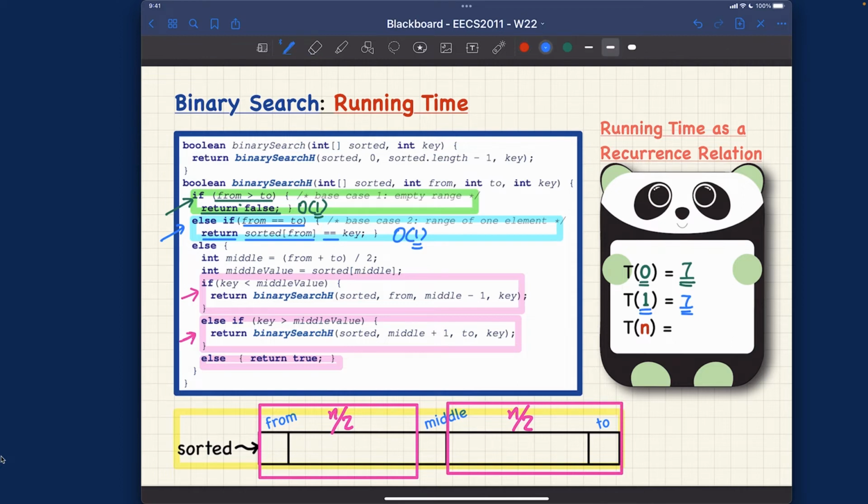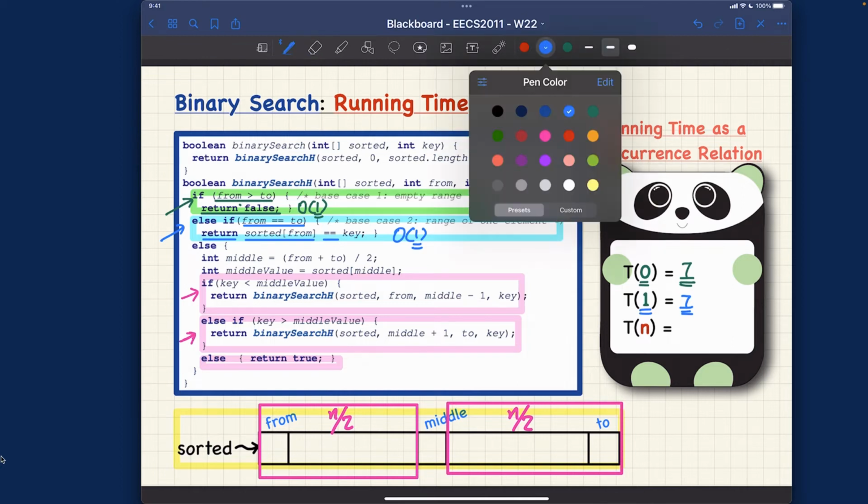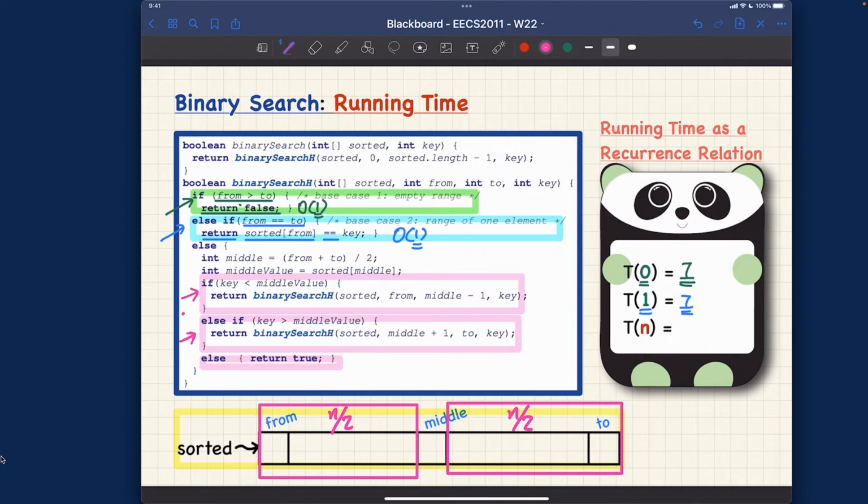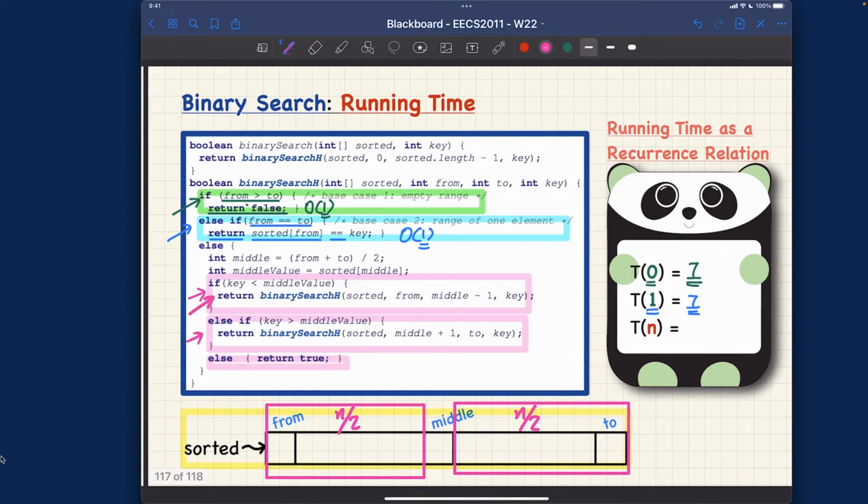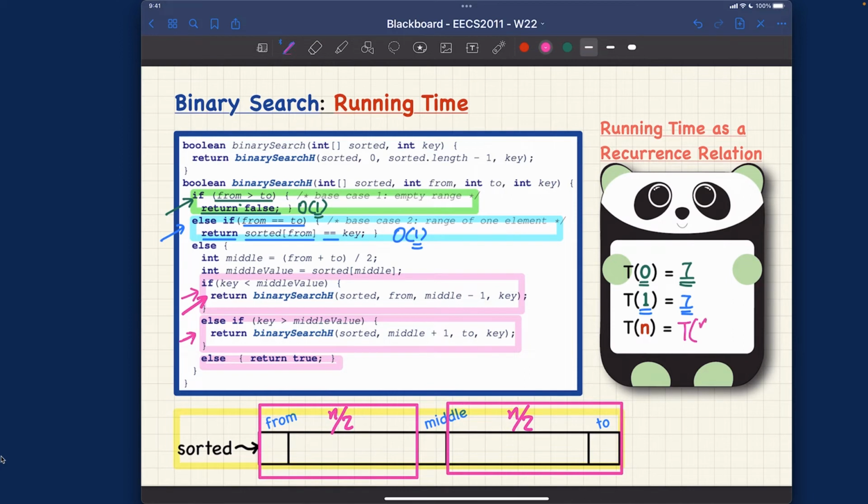What should that be? Well, let's say we decide to go to the left, for example. In that case, it's going to be T of n divided by 2. And then, in that case, we still have the return, so there will still be some work to do. For example, you also have to calculate middle minus 1 and so on.